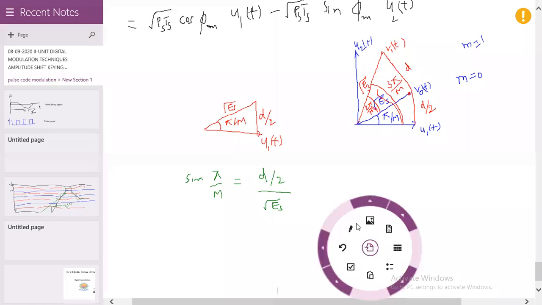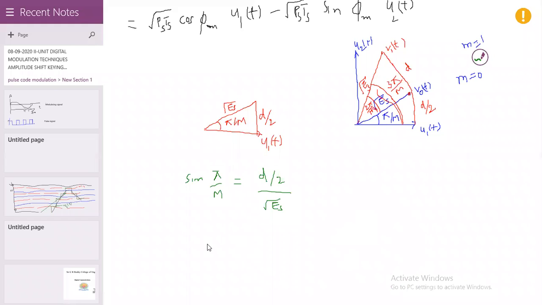Then here we can derive it for d. So root of Es sine pi by m equals d by 2.